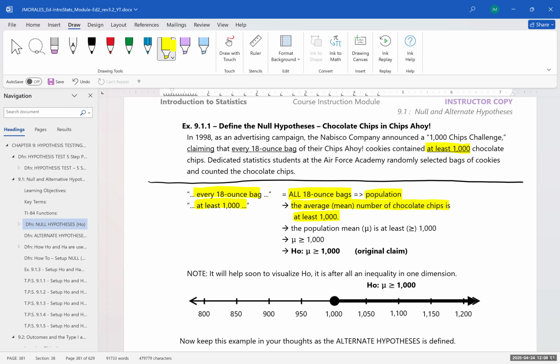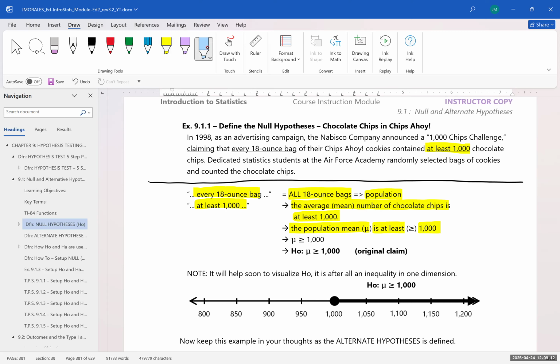Okay, so now how do we start to translate this into a mathematical equation? So we can think of the average number of chocolate chips is at least 1,000. We could say the population mean is at least 1,000. Okay.